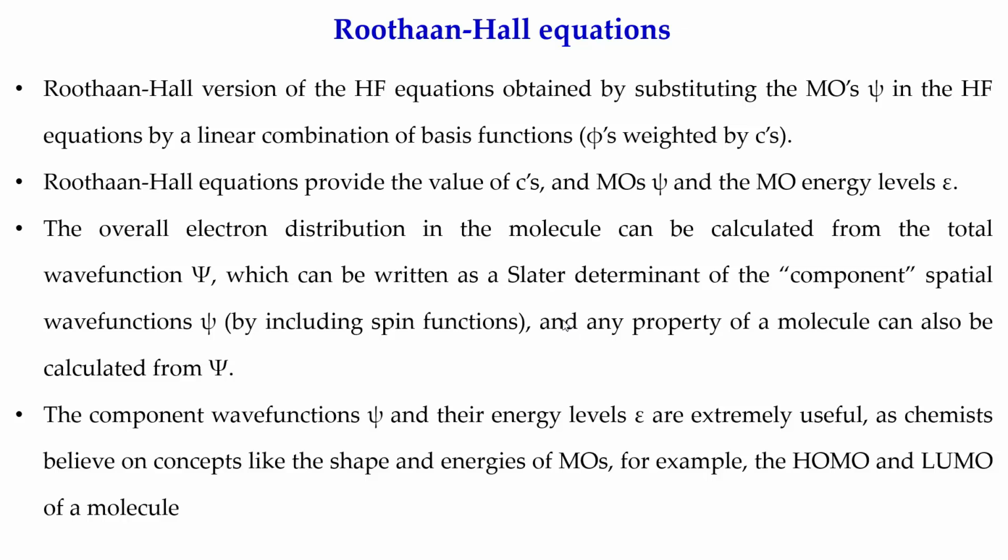So you can now understand that the Roothaan version of the Hartree-Fock equation is obtained by substituting the molecular orbital wave function in the Hartree-Fock equation by a linear combination of some basis functions, which is expressed like C1 phi 1 plus C2 phi 2, where phi is the basis function and C is the weightage of that basis function.